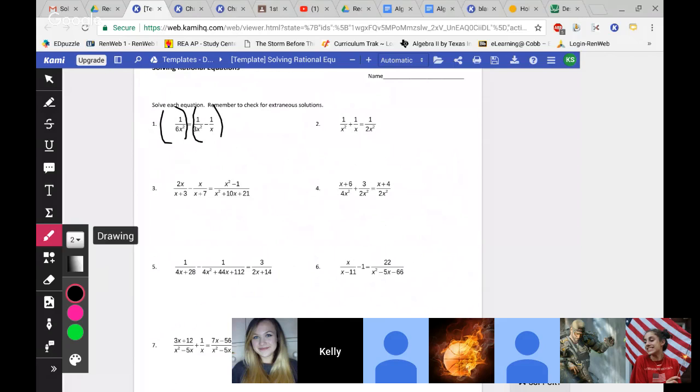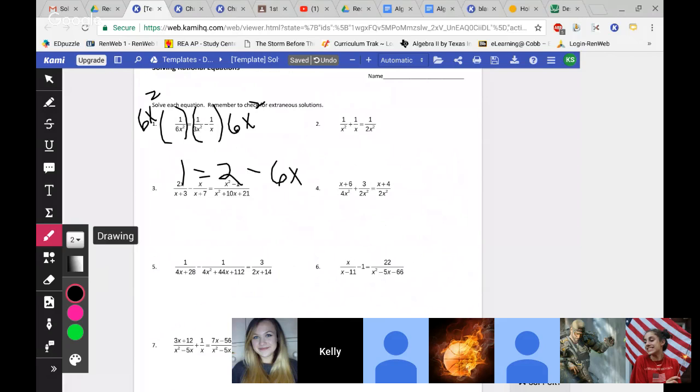6x squared. So you'll multiply both sides by 6x squared. So 6x squared goes into 6x squared with 1 left over. And then on this side, 3x squared goes into 6x squared, and there would be 2 left. And 2 times 1 is 2. And then minus an x goes into 6x squared and leaves you with a 6x left over.